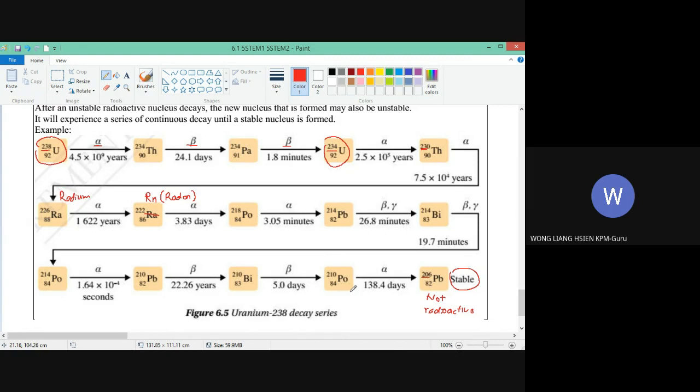Depending on what kind of radioactive decay it undergoes, it will release different radiation. For example, if it undergoes alpha decay, then it will emit an alpha particle. If it undergoes beta decay, then it will emit a beta particle. If it undergoes gamma decay, then it will emit gamma rays.